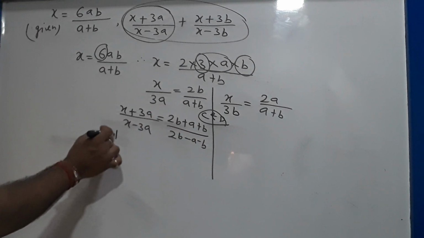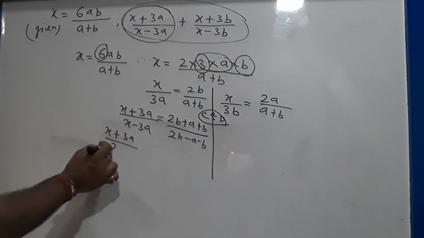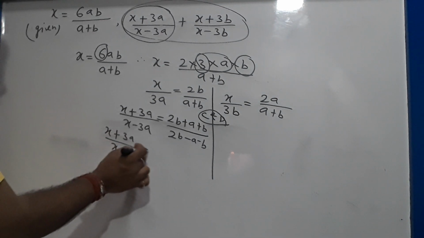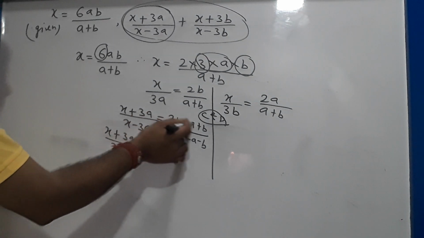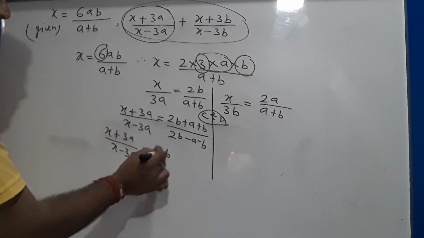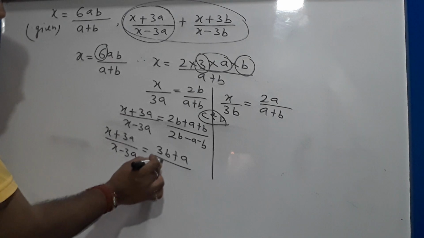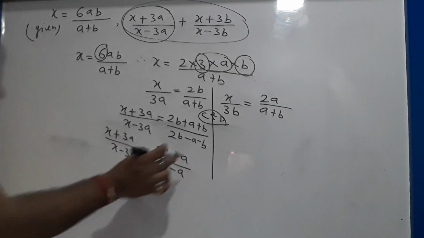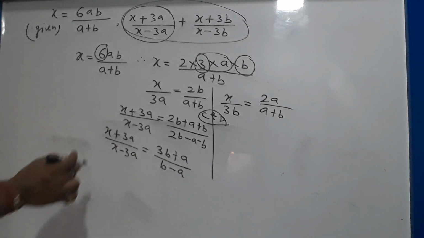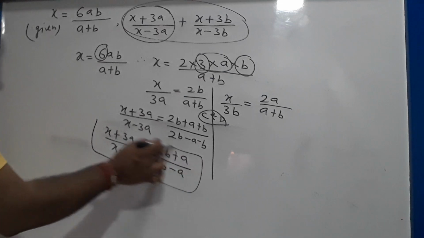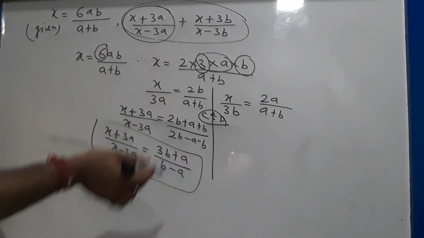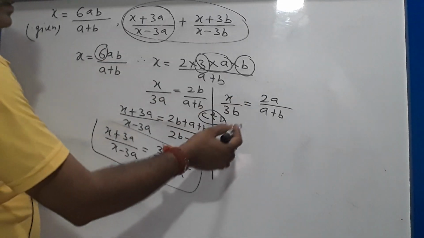So x plus 3a upon x minus 3a is equal to, adding the like terms, 2b plus b, 3b plus a upon 2b minus b, b minus a. Correct? So this is the value of this. Same thing, we apply the C and D rule on both the sides.